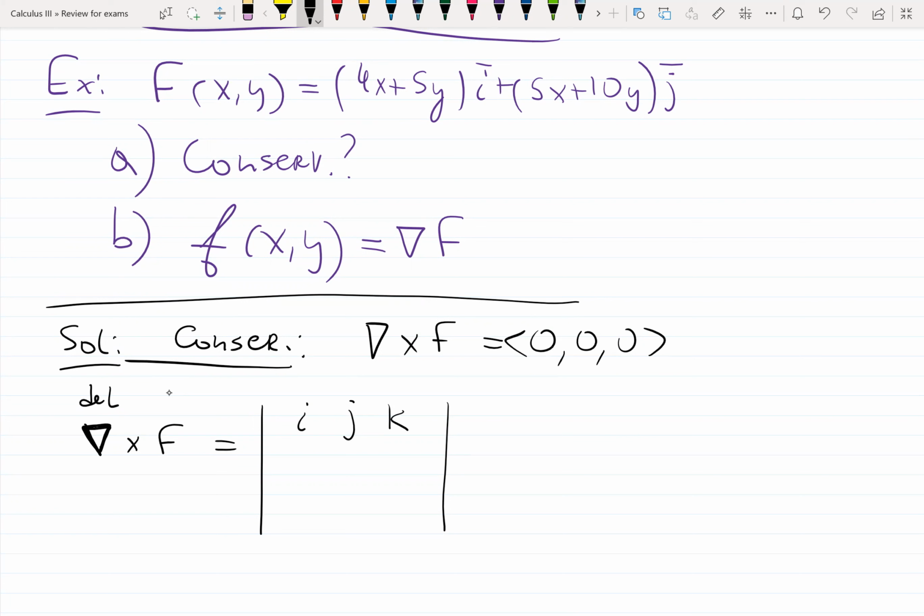It's a short notation for partial derivative with respect to x, partial derivative with respect to y, and partial derivative with respect to z. Separately, del of a function g will be just a collection of those partial derivatives: dg with respect to x, dg with respect to y, dg with respect to z, like so.